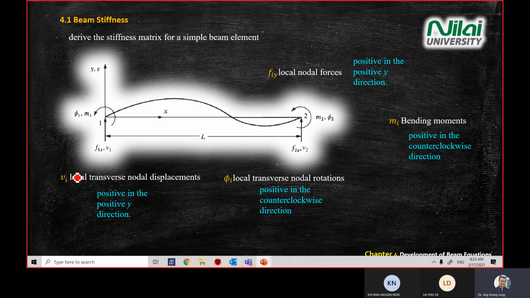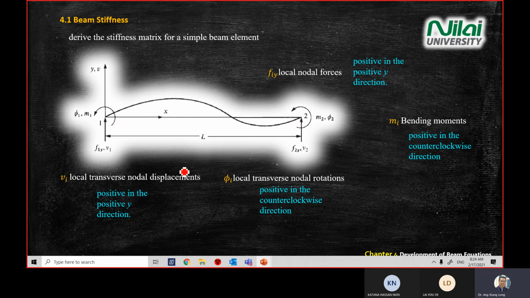And then the local transverse nodal displacement. In chapter 4, we purposely mention the word transverse because this is a beam, it's not a bar. So a beam has a transverse displacement, and it will be positive in the y direction.